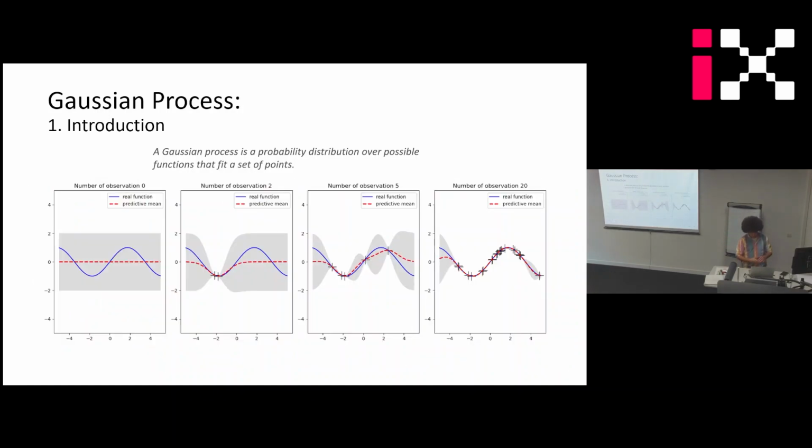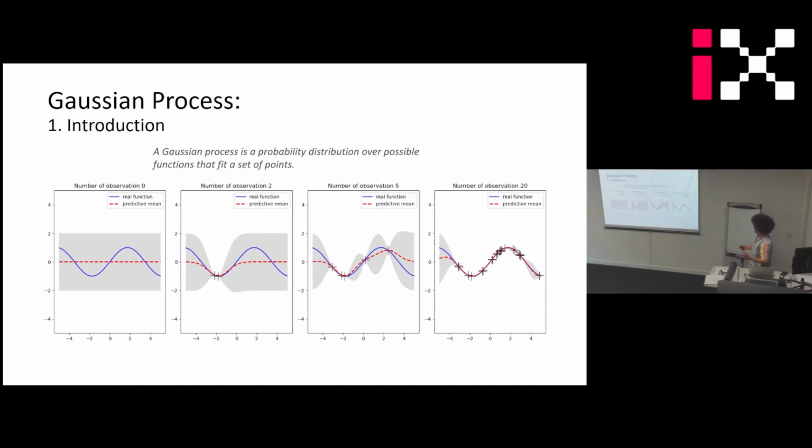If we don't have any points, all the functions that we have would be distributed. If we consider that our functions also follow some kind of Gaussian distribution, then all the possible functions would be here with a mean around 0.